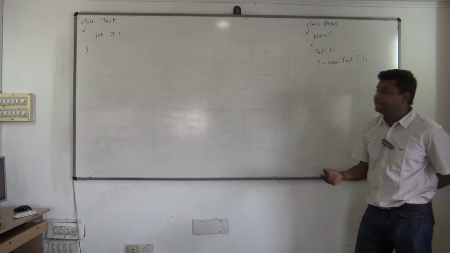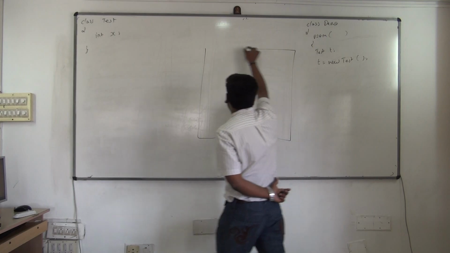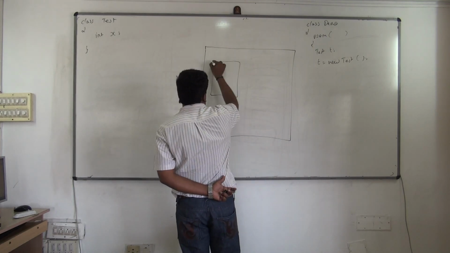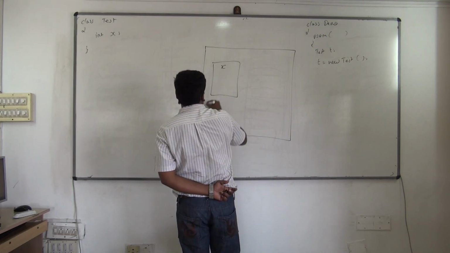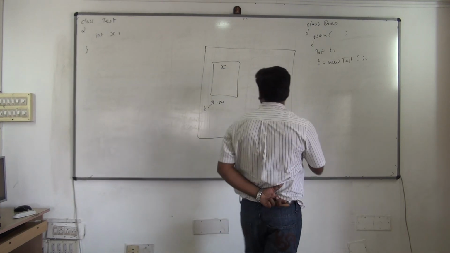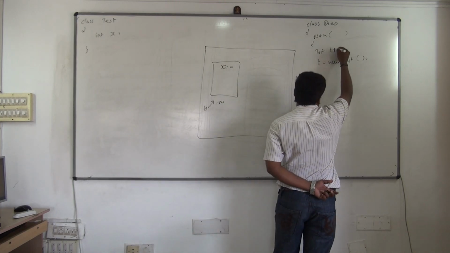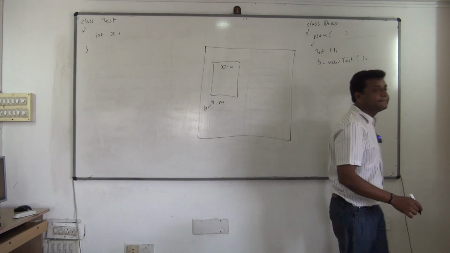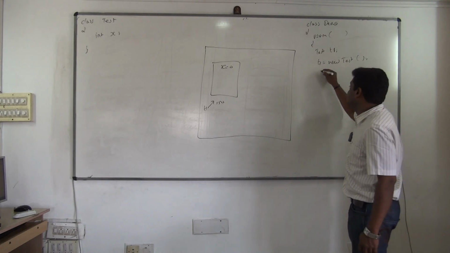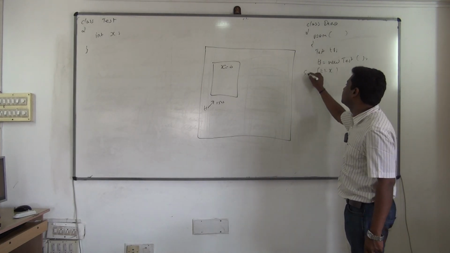So in the JVM, what happens? An object of Test is created. It's having one variable x. Address is 150. And the default value of x is 0. I'll name it t1. Now if I want, I can work with that x. How will I work with that x? You print System.out.println(t1.x).